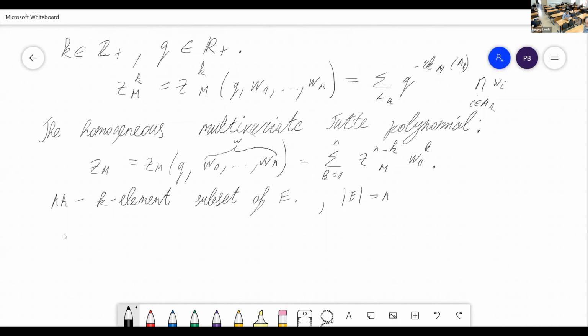When you are writing i belongs to A_K, do you mean W_i? Yeah. W_i is the weights of edges. No, it's not a weight, it's just a number. Yeah, number of zeros. Okay, yeah. And why is that?